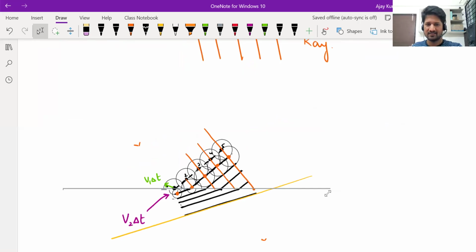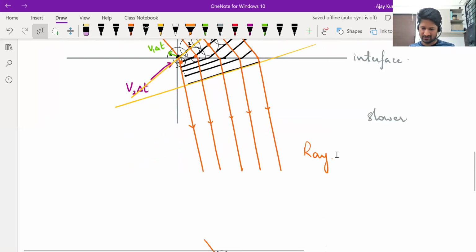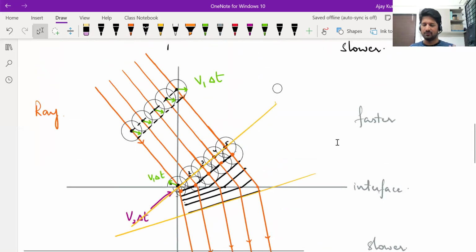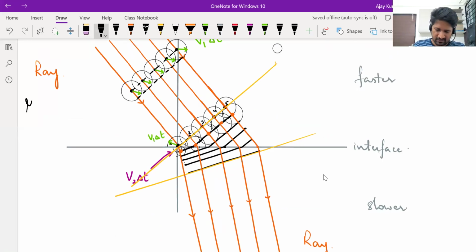Fine. Let's just consider this part of the diagram. Or I think this picture itself is better. So mu1 sin i is equal to mu2 sin r, and mu1, the refractive index, is c divided by v1, speed of light in vacuum divided by v1, and mu2 is c divided by v2.